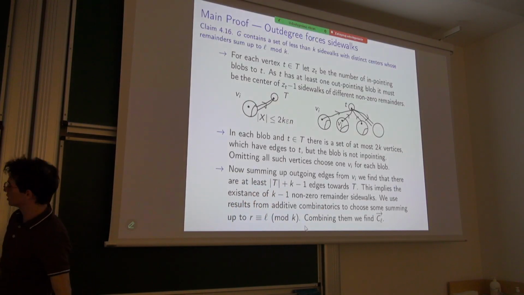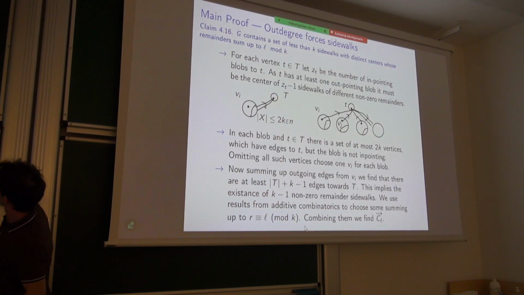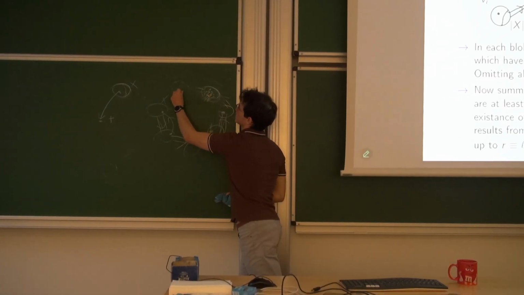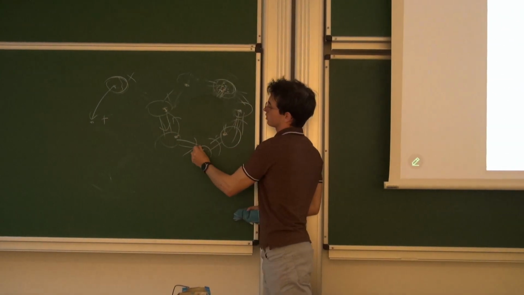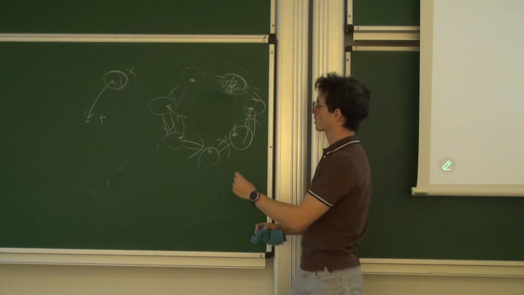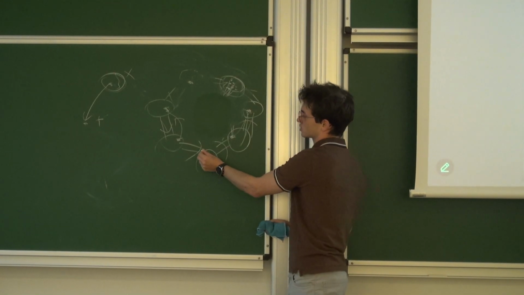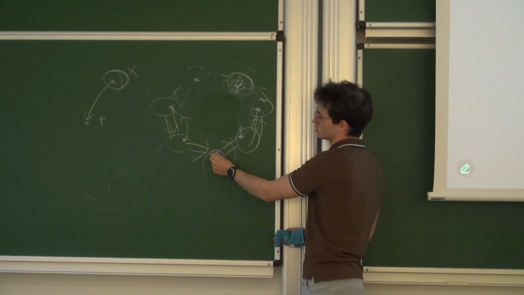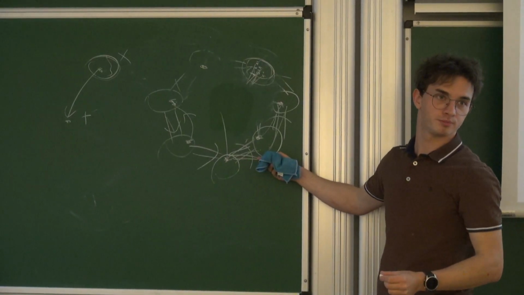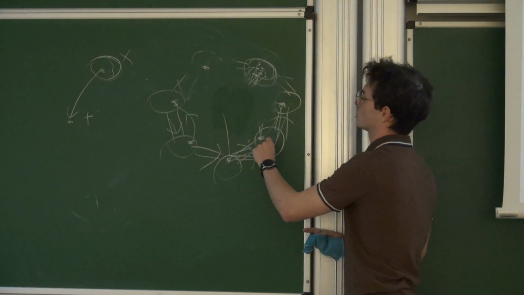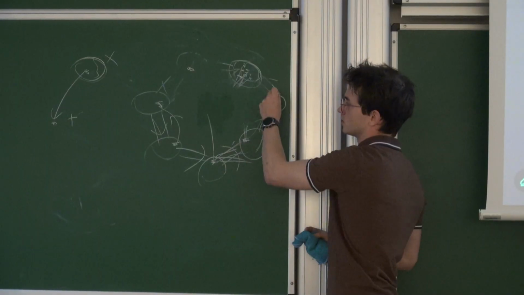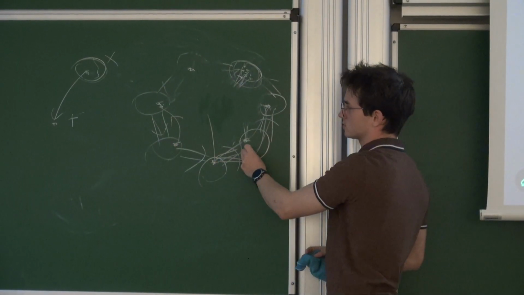But notice that, say we have chosen these vertices. Notice, we know that the sum of outdegrees from them is at least the size of the whole graph plus k minus 1. We know that each vertex only has edges to the trash set and to the next blob. Yes? So the vertices in each blob are counted exactly at most once.